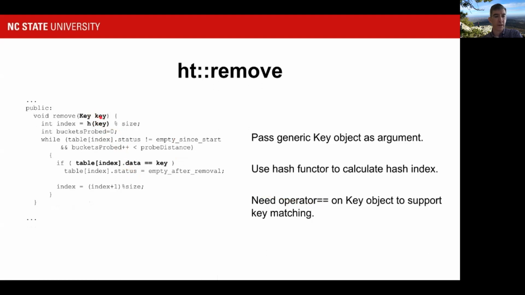We use the key object and the hash functor to calculate where it's going to be, and then we do our same kind of linear probing to look for the item, and if we find it, if we find the key, then we set the status to be empty after removal.